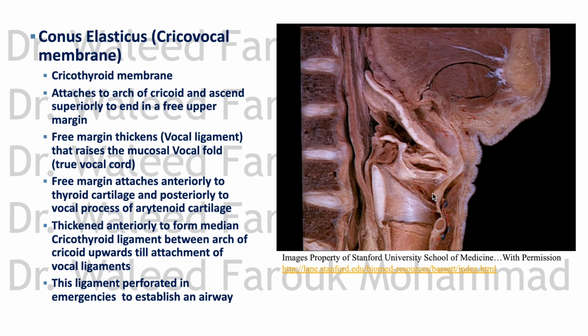So, the cricothyroid membrane or the cricovocal membrane is attached below to the arch of the cricoid cartilage and goes up and has a free upper margin, attaches to the back of the thyroid, and the vocal process, which is the anterior process of the arytenoid, to form, give it a name, thyroarytenoid fold, right? It's actually the true vocal cord.